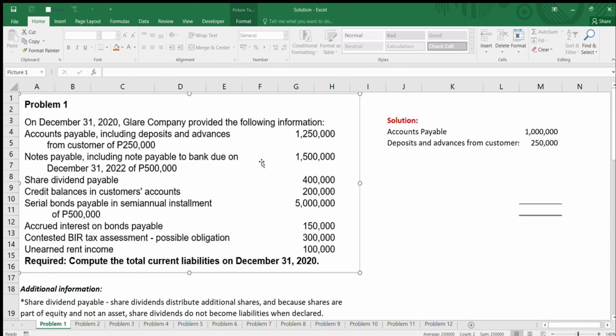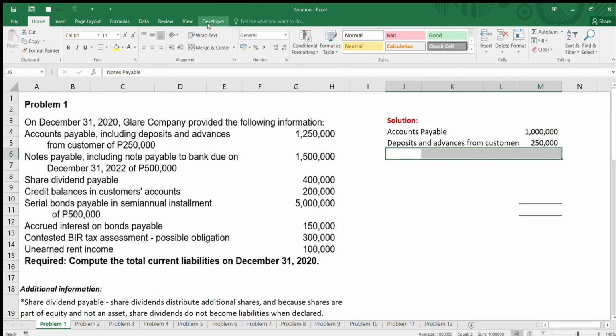As you can see, from 2020, the 500,000 will be paid after 2 years. So the correct solution is that notes payable is only 1 million, the current portion. The 500,000 is part of your non-current liabilities.